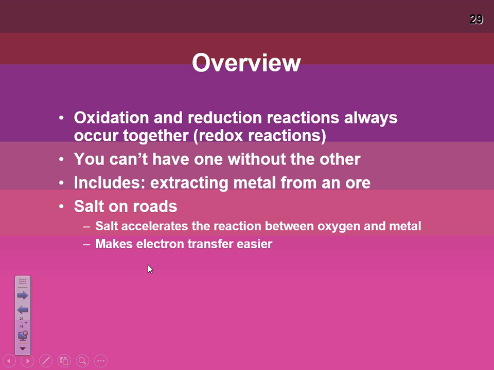So therefore, it's easier for oxygen to begin to rust that metal. So the ability of salt to dissolve in water and dissociate into a metal and a non-metal allows it to carry electrons a lot easier, just like an electric current. And that also allows, especially with oxidation and reduction, for the breakdown of metal into a different compound.